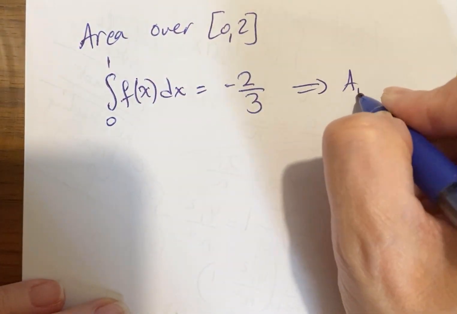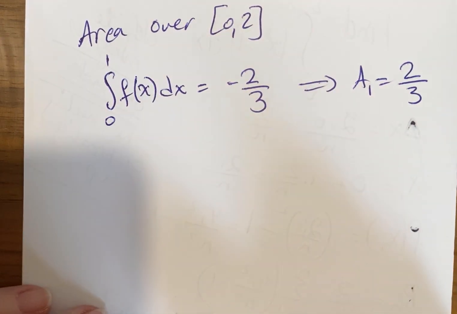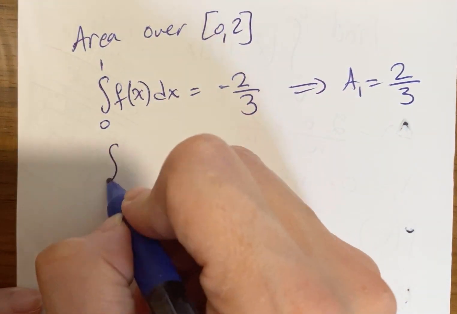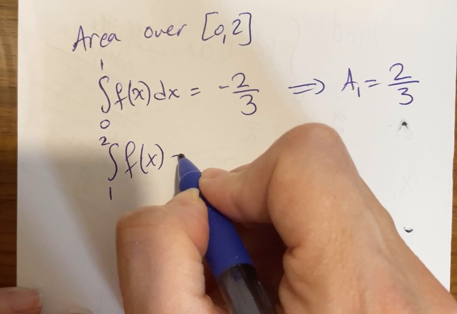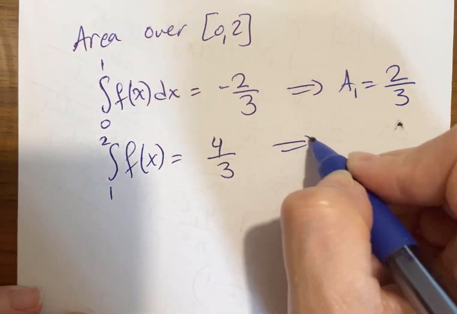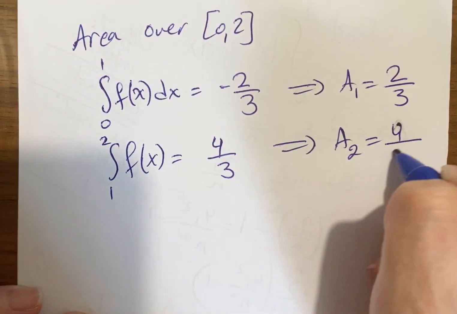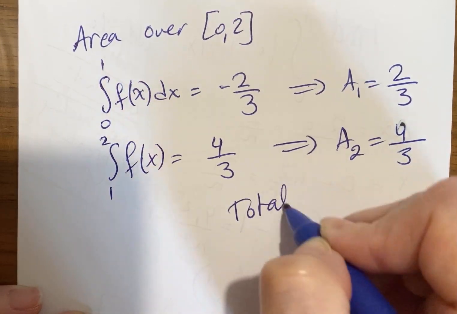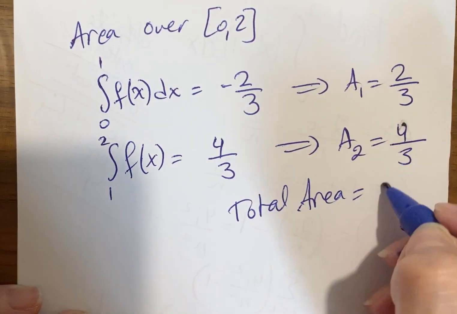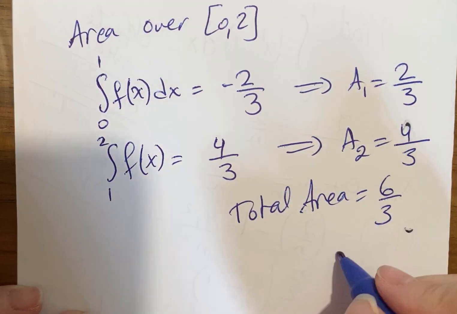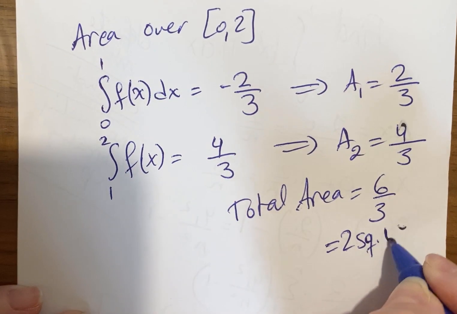Then we said area 1 is positive 2 over 3 square units. Then from 1 to 2, we got 4 over 3, which means area 2 is 4 over 3. So the total area turned out to be 6 over 3, which is 2 square units.